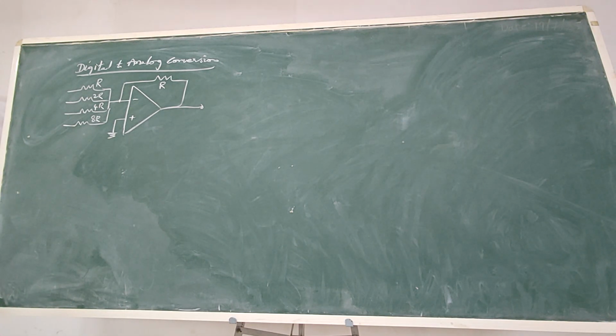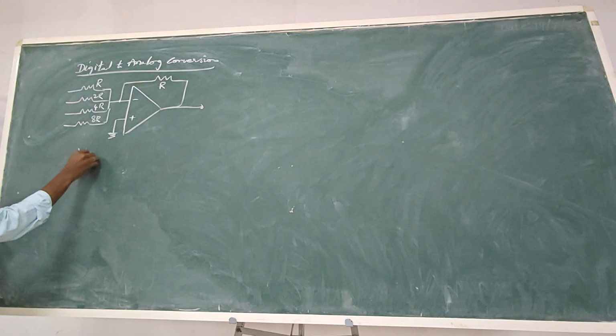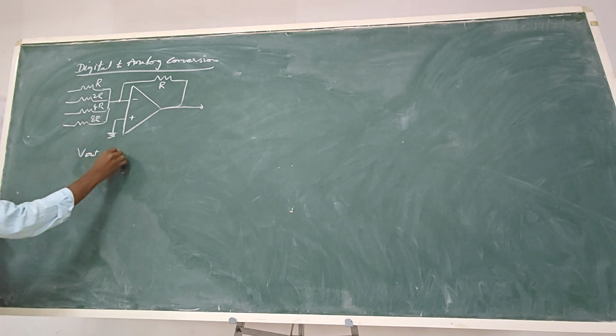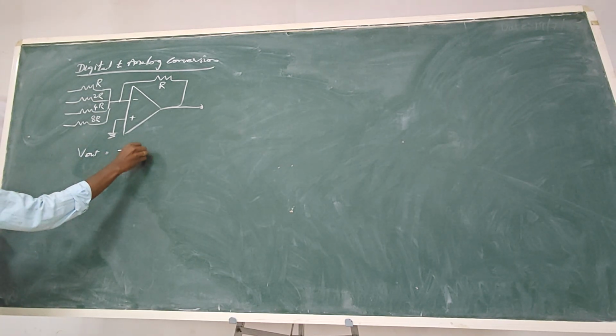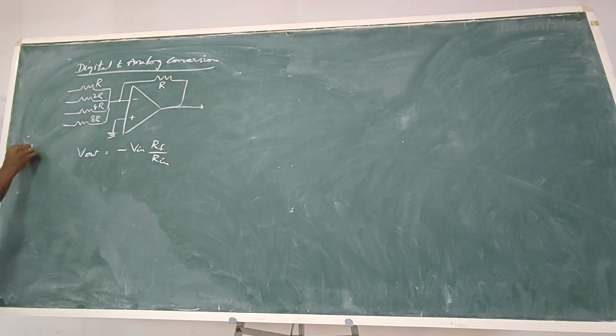Okay, so the output of this adder circuit, or negative feedback amplifier, is V out equal to minus RF by Rn times Vn. Let's say you have a negative feedback amplifier circuit like this.